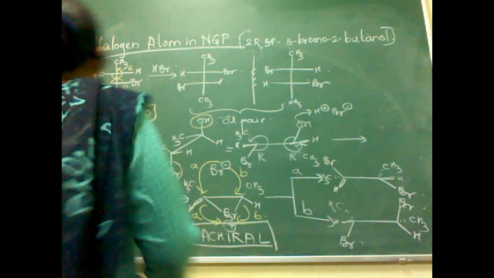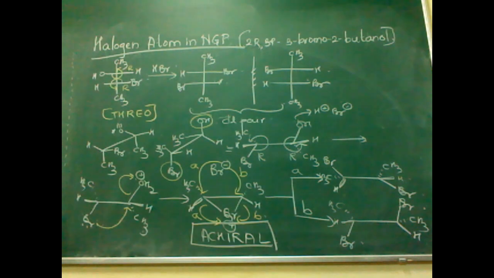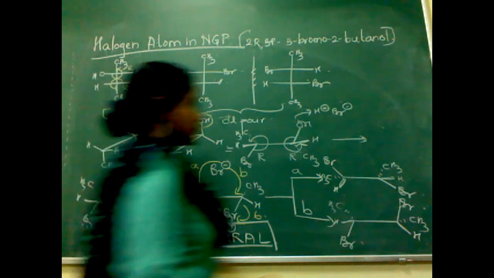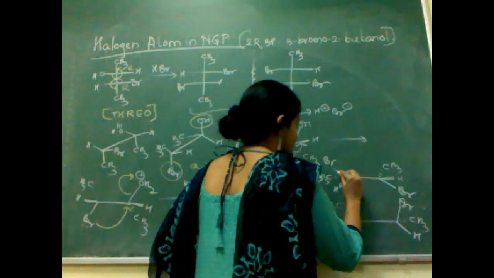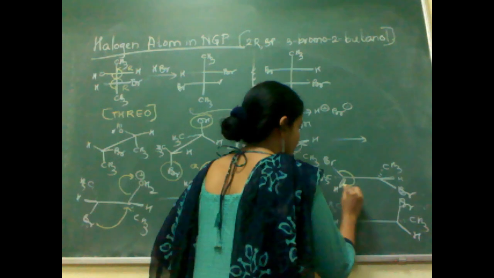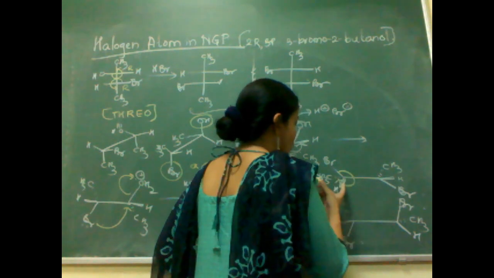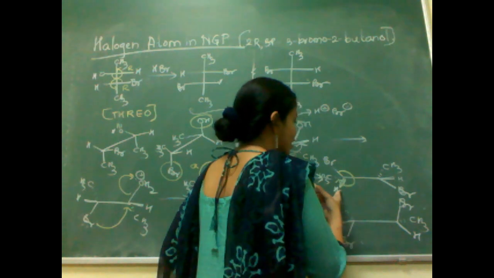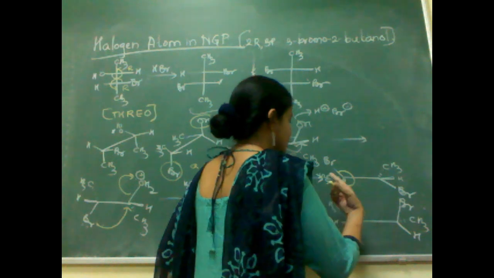Now what we can do is assign the configurations. If you try to look at this, this particular bromo group is going in anti-clockwise direction. The group of lowest priority is present towards the observer.